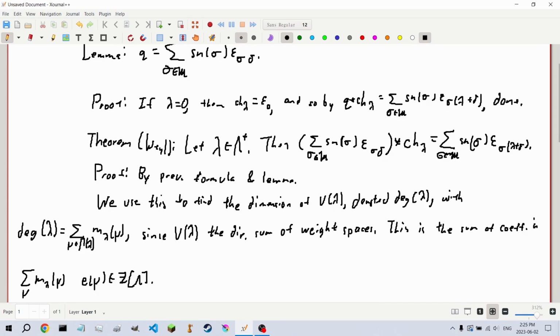And so in a function notation, this is the sum of values of the character of lambda.